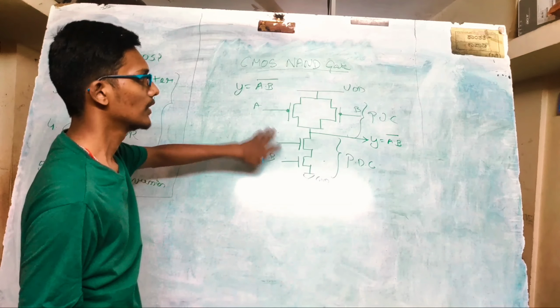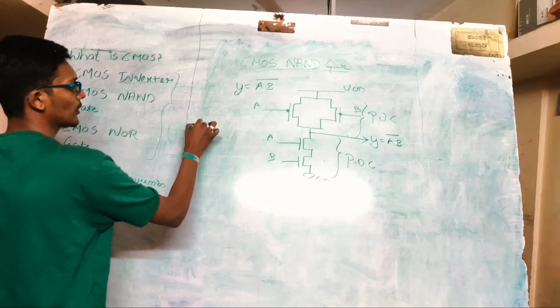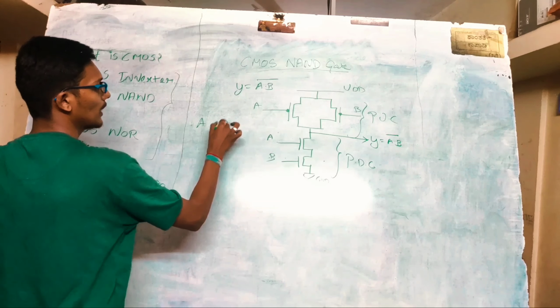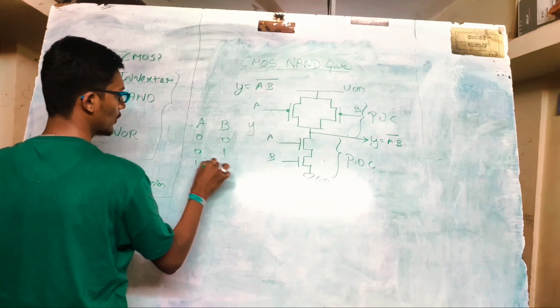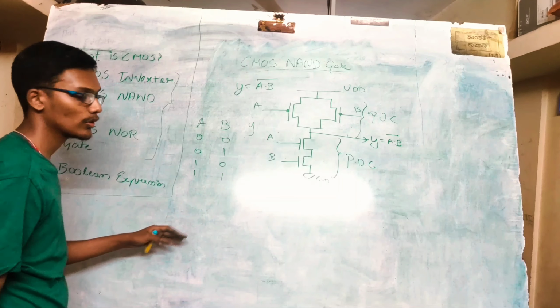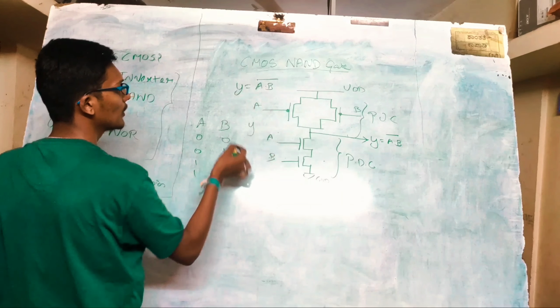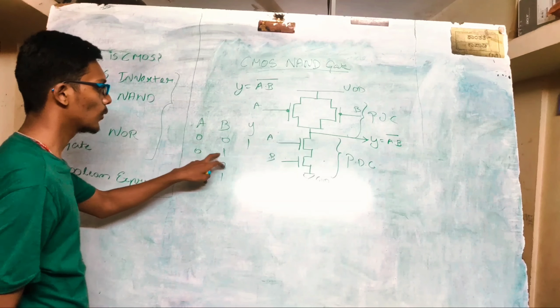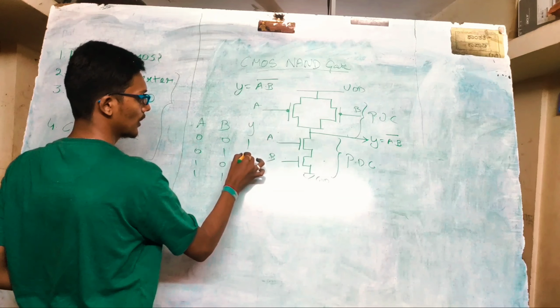For this we will implement a switch logic to verify the truth table. What do we have in the truth table? A, B and Y. 0 0, 0 1, 1 0 and 1 1. These are my possible combinations. 0, 0 is 0 in AND, so in NAND we will have 1. 0, 1 is 0 in AND, in NAND it is 1.